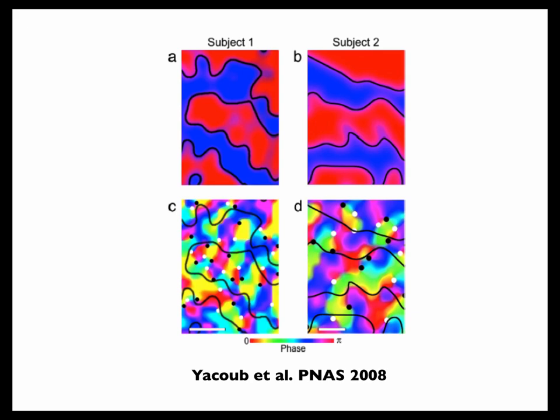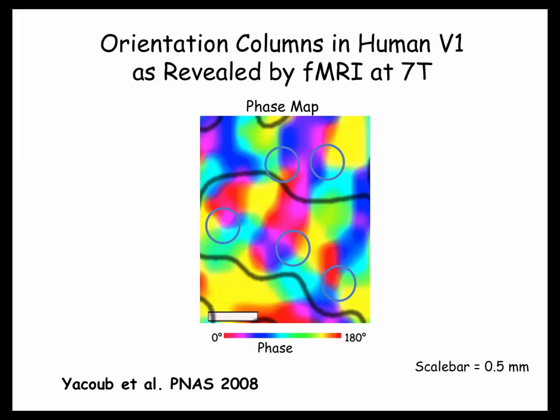In 2008, at 7 Tesla, they did an experiment looking at orientation columns, in which the subject was looking at a rotating grating stimulus. First they did ocular dominance columns. They showed a stimulus in one eye versus the other to map out the columns, and that's delineated by these lines right here.